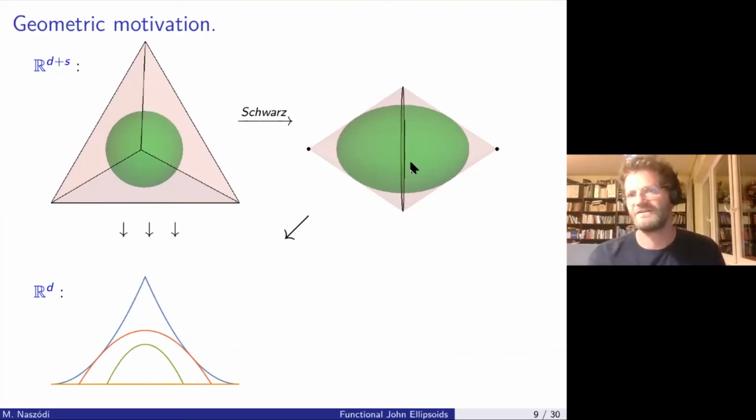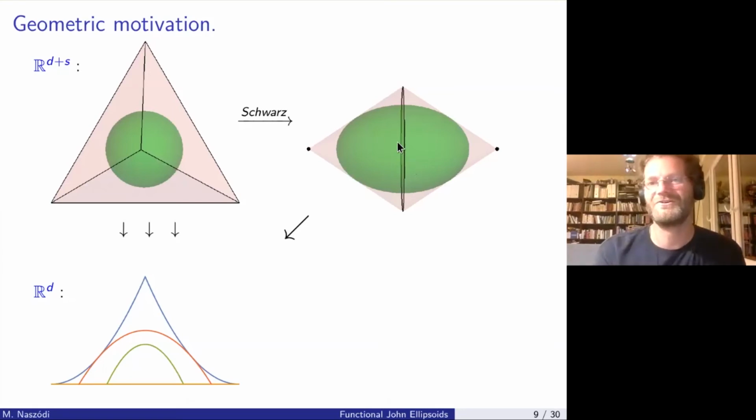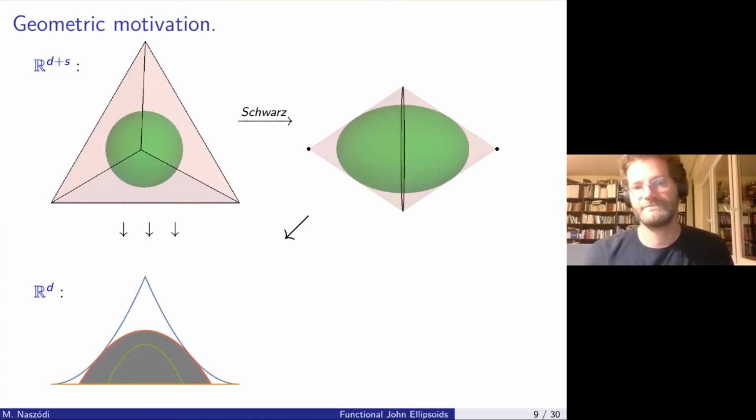By the way, it's not an obvious fact. It's a good homework. If there are students here, you can play with it a bit: how do you prove that if you take the Schwarz symmetral of an ellipsoid, you get an ellipsoid? In any case, the John ellipsoid of the Schwarz symmetral will not be worse. It's not going to be smaller volume than the John ellipsoid of this one. So why not start with the Schwarz symmetral?